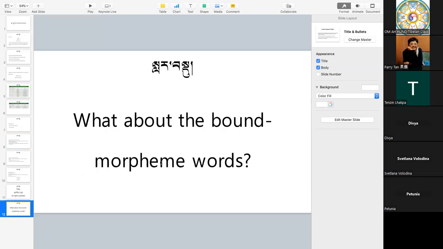And so we cannot have these bound morphemes, because when we write them by themselves, even if we add those connective particles, the recompound particles, they will not have any meaning. And therefore, we see that in the usage of first grammatical case, we do not consider bound morpheme words.